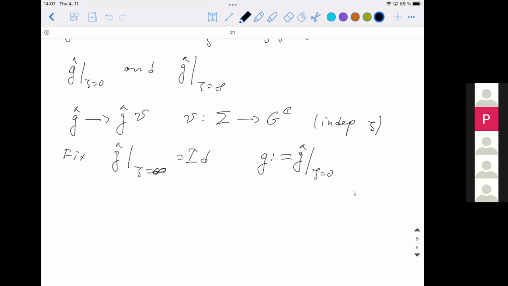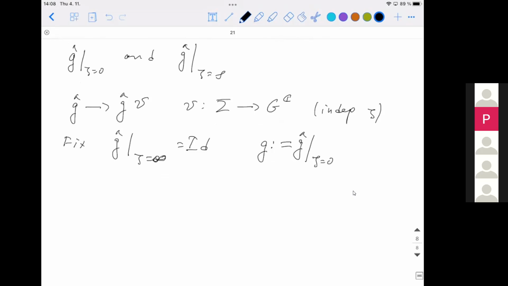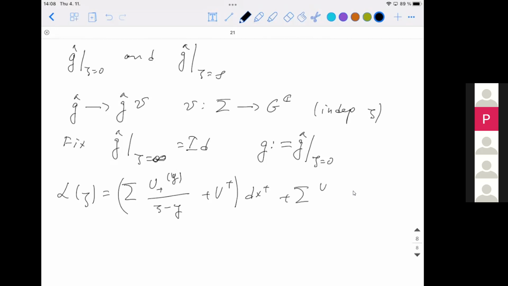Okay. And then from the disorder defects, we wrote down the Lax connection as this. This plus C plus X minus.